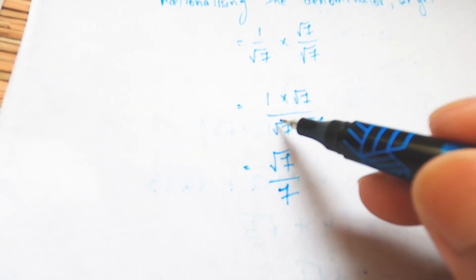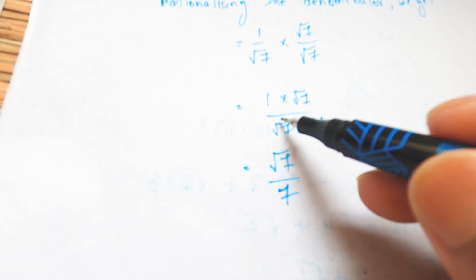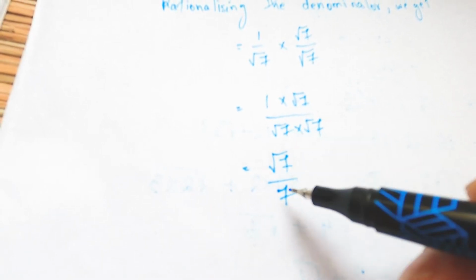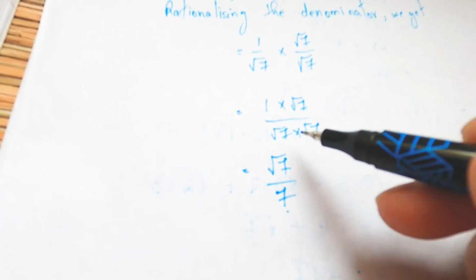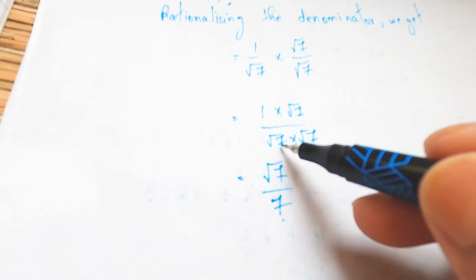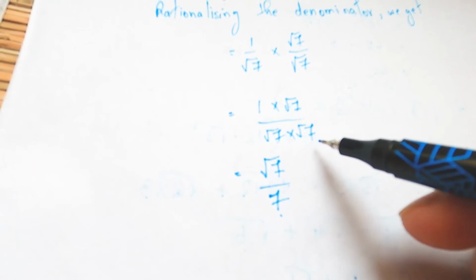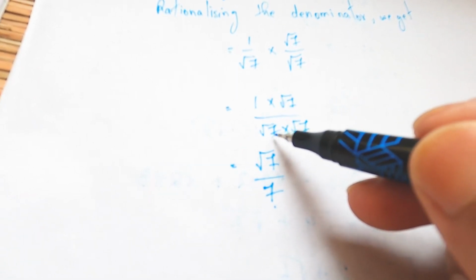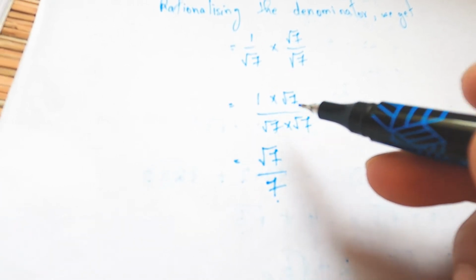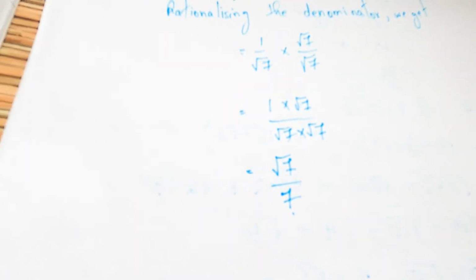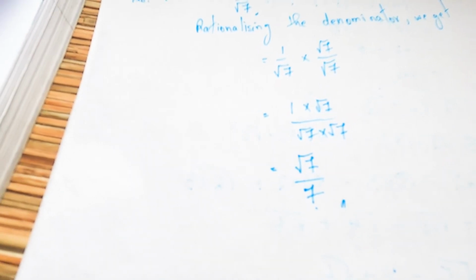The square root gets cancelled, so the denominator remains 7. Do not make a mistake like 7 into 7 will be 49. That is not correct. The denominator will remain the same except that the square root will vanish. So this will be your answer.